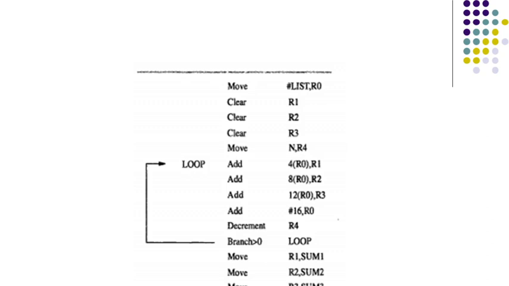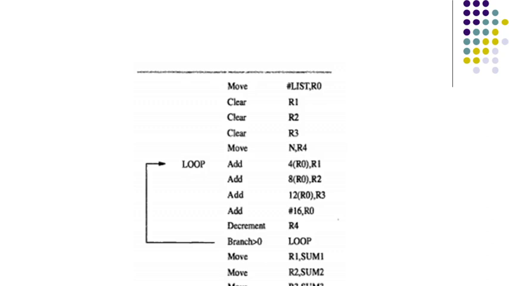In the body of the loop, the program uses the index addressing mode in the manner that was described in the first figure, to access each of the 3 scores of a student in a student record. The register R0 is used as the index register before the loop is entered. R0 is set to point to the location ID of the first student record, thus it contains the address LIST.